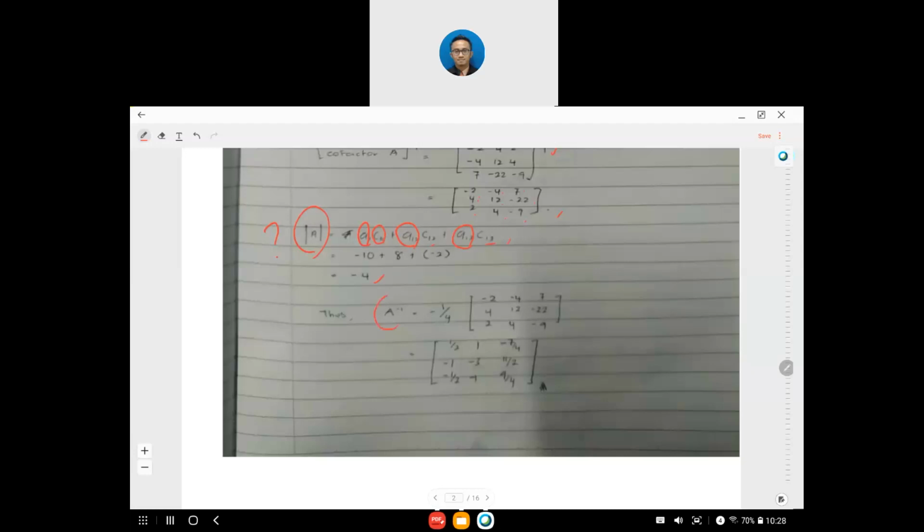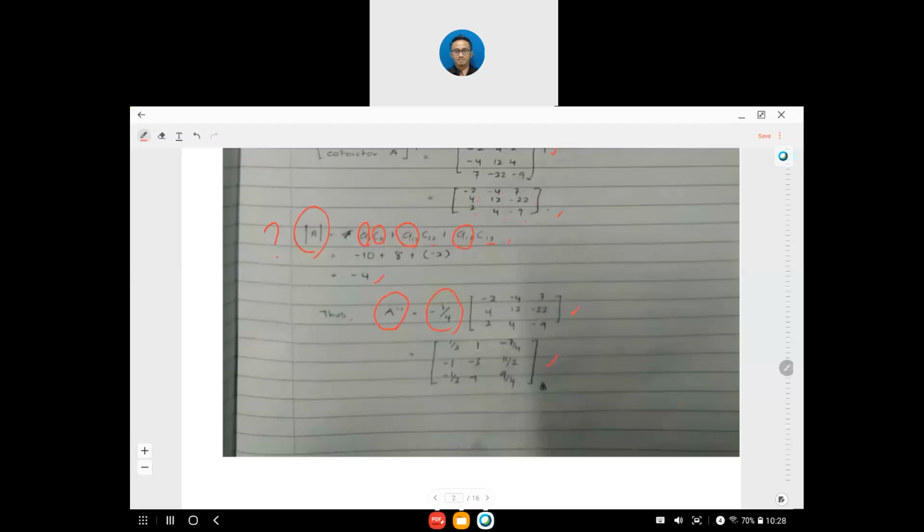Therefore, A inverse you can get by -1/4, because this one is 1 over determinant times the cofactor transpose, and then times inside here you can get this matrix inverse.